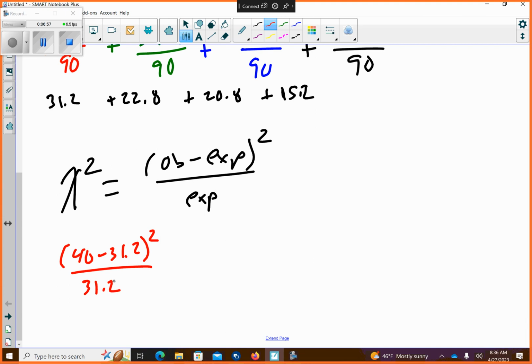So calculator, 40 minus 31.2 squared divided by 31.2. That comes out to 2.48. Then our green one is 14 minus 22.8 quantity squared divided by 22.8.